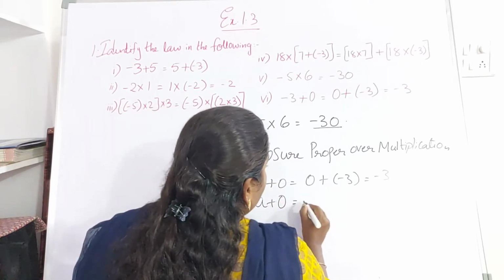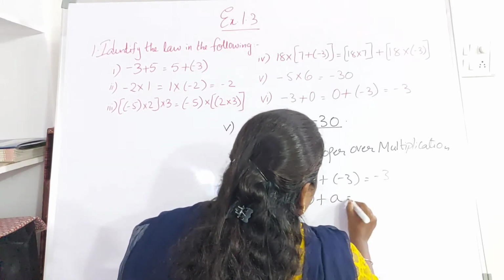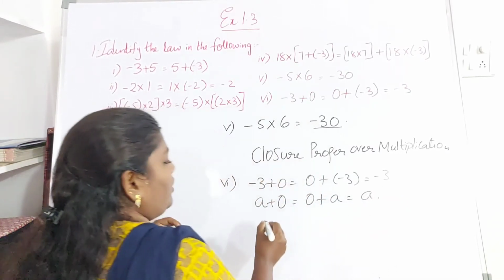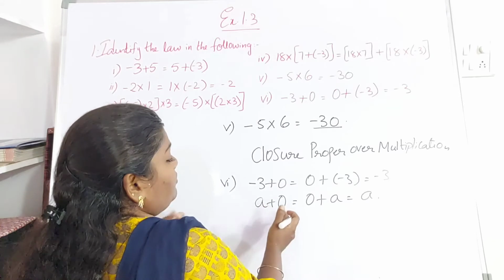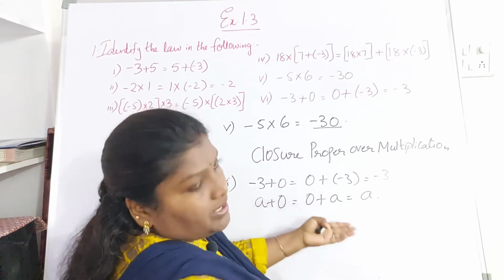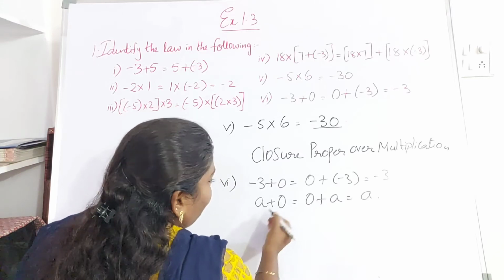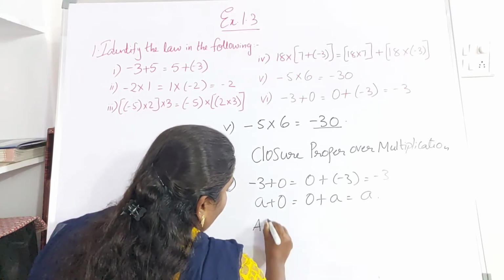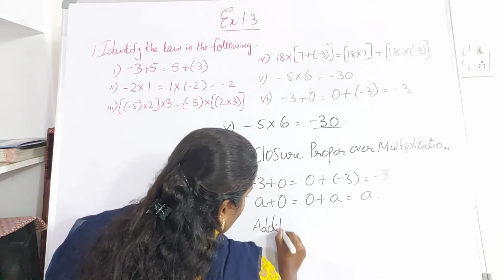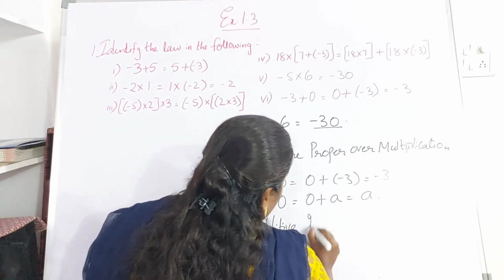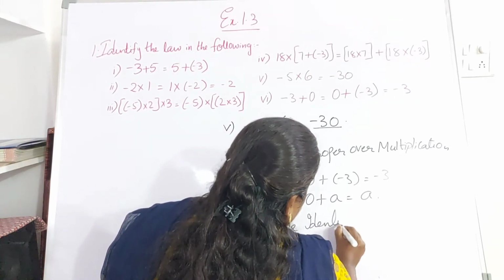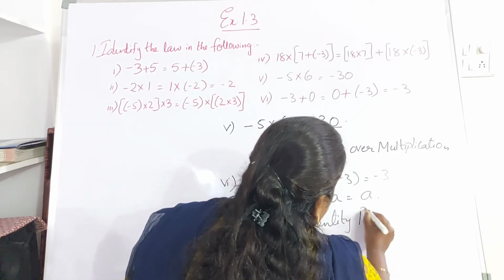A plus 0 is equal to 0 plus A is equal to A. Now whenever we add any number to 0, we get the number itself. So here it is additive identity property.